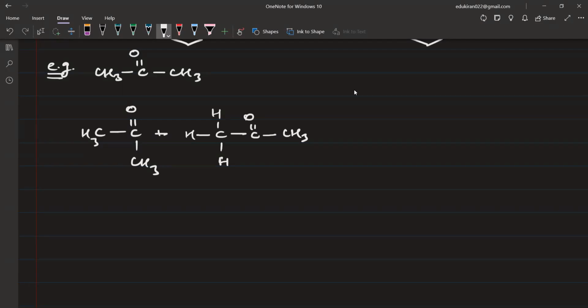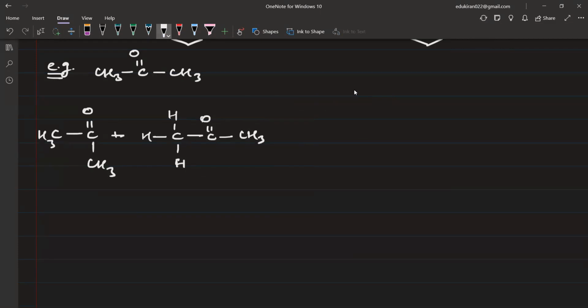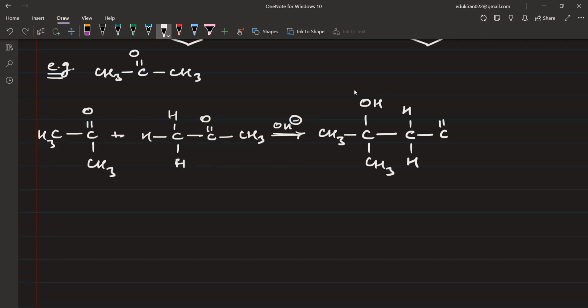Now the hydrogen will go there in the presence of a base. You will get CH3, carbon, OH, the CH3 as it is, then you will put the OH, then the alpha carbon with 2 hydrogens, then the C double bond O and CH3.